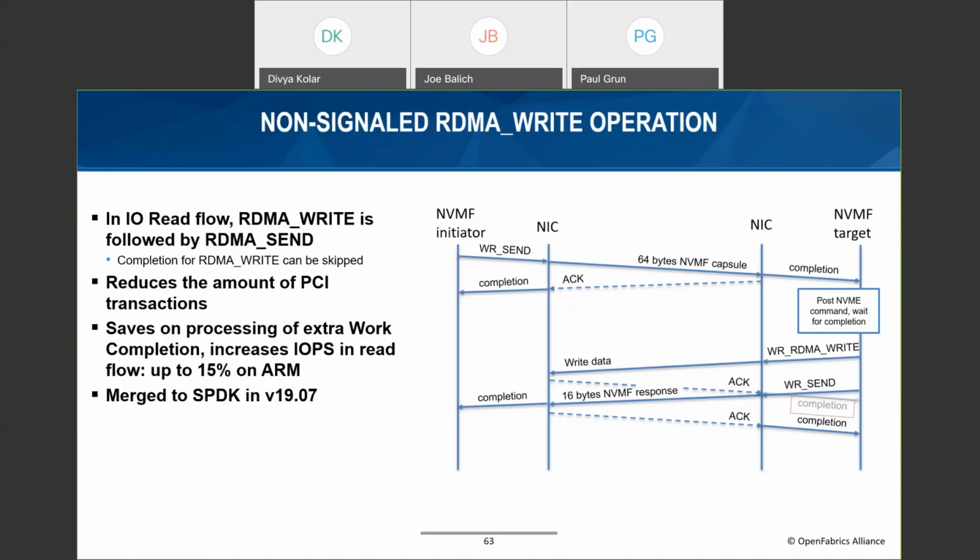This optimization reduces the number of PCI transactions, and the advantage is especially noticeable on ARM machines, where the number of IOPS can be increased up to 15%. Next slide, please.